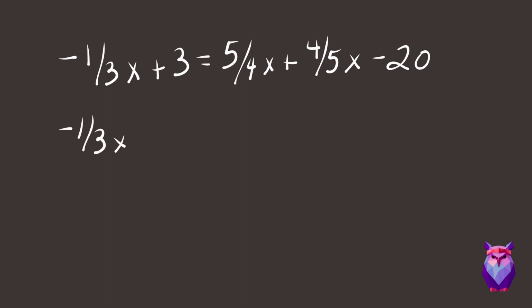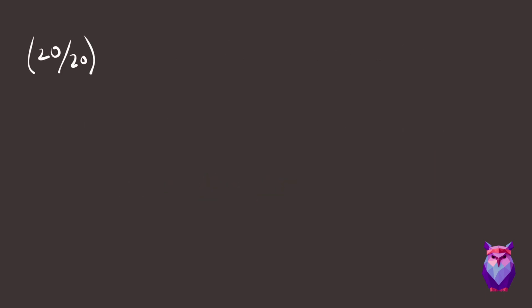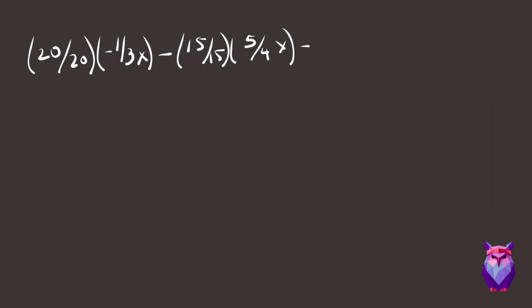-1/3 x minus 5/4 times x minus 4/5 times x equals -20 minus 3. A common denominator is 3 times 4 times 5 equals 60. 20/20 times -1/3 x minus 15/15 times 5/4 times x minus 12/12 times 4/5 times x equals -23.